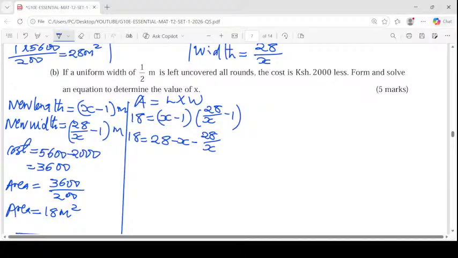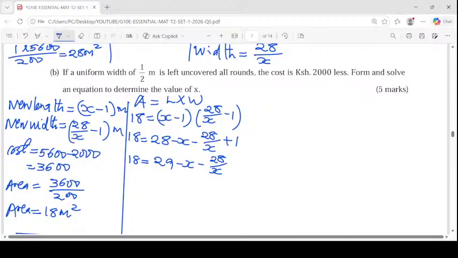Negative 1 times negative 1, this becomes plus 1. So this becomes 18 is equal to 28 plus 1, that becomes 29, minus x minus 28 over x.